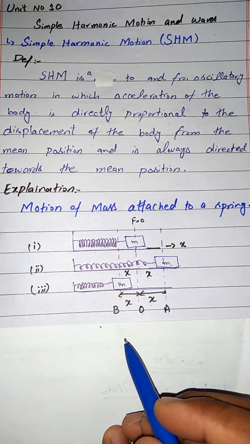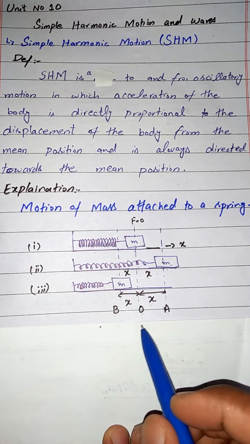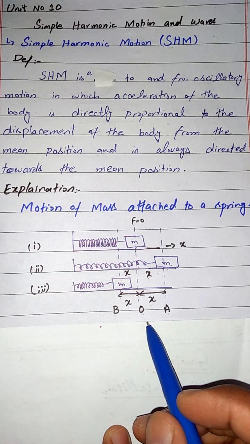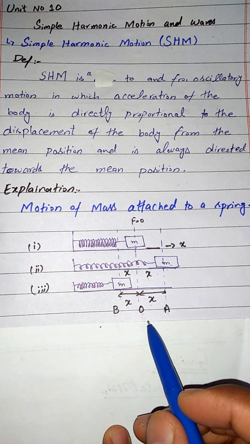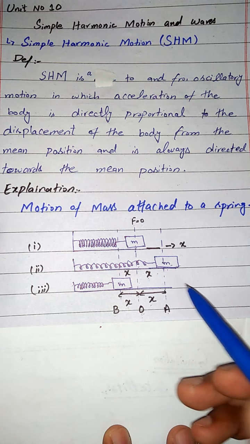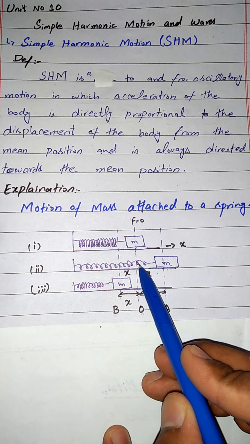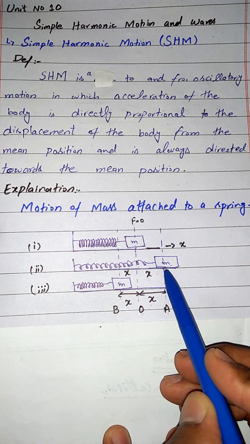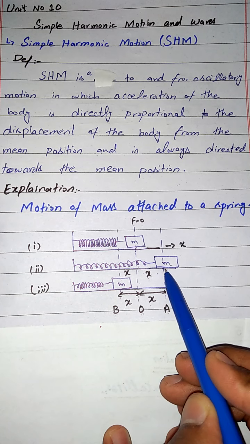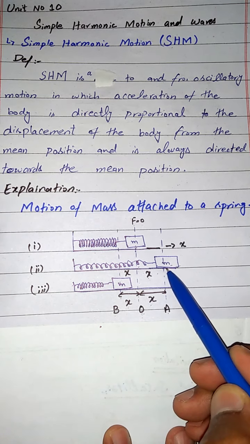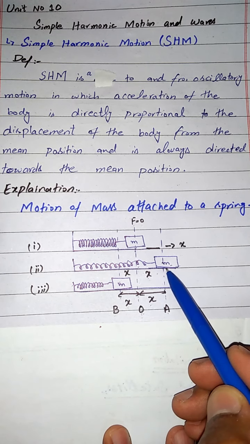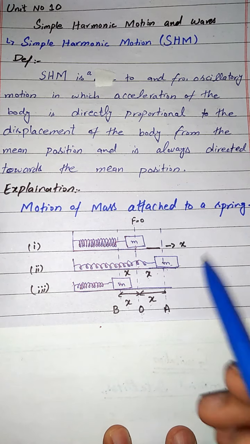If this spring is stretched or compressed by a small displacement x from its mean position, it exerts a force on the mass like this. Here it is in the rest form, and when we stretch the spring by a small displacement like this, it goes to the extreme position A, and we exert a force here.